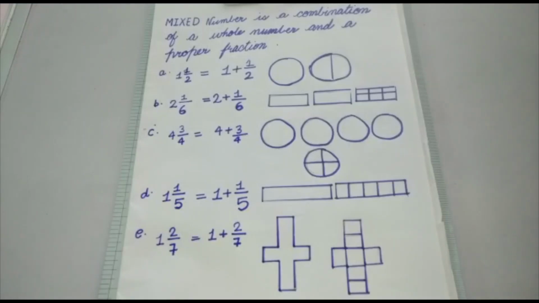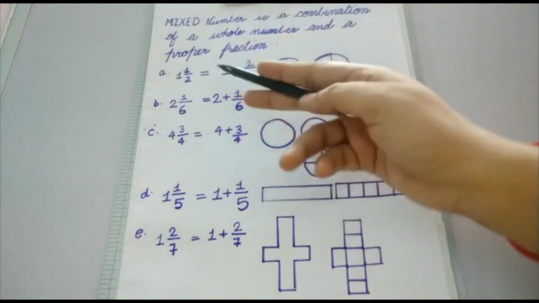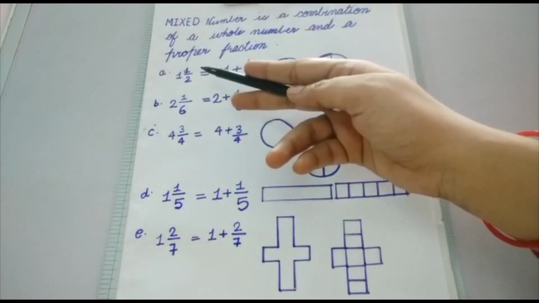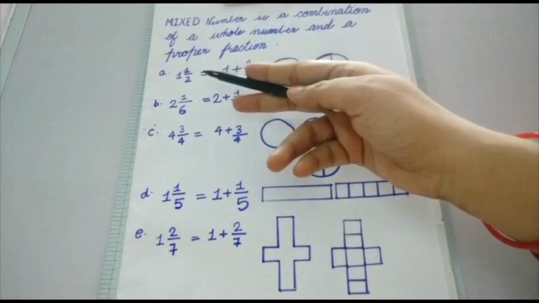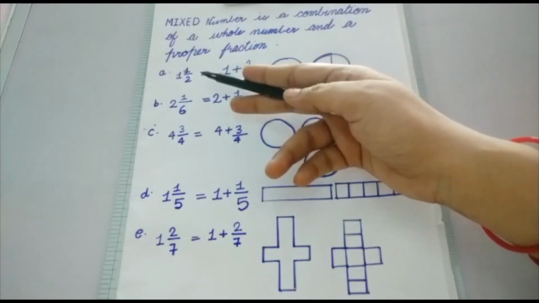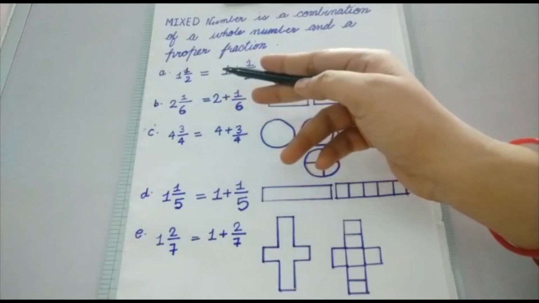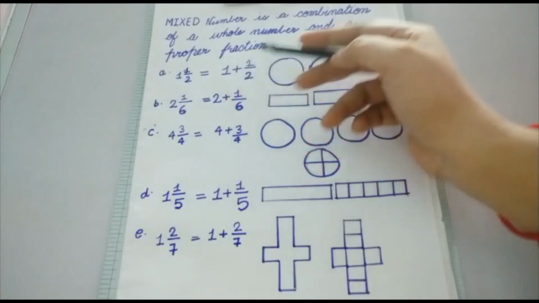First example is 1 1 by 2. In this first example, 1 is a whole number and 1 by 2 is a proper fraction. Now, this means it is equal to 1 plus 1 by 2.